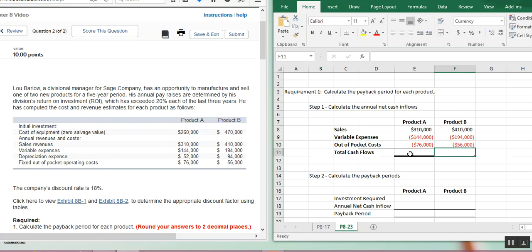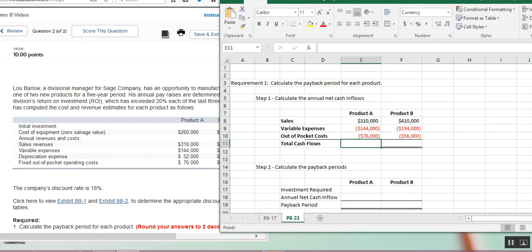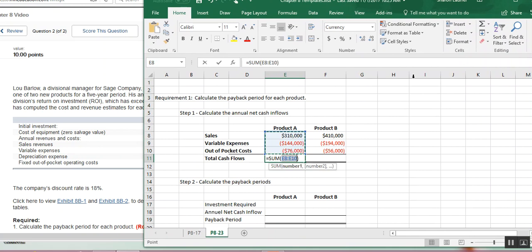After we get all that given information filled in our little chart, then we can calculate our total cash flows. It gives us cash flows of $90,000 and $160,000. We need to calculate those before we get to step 2 of the problem, which is to calculate the payback period.